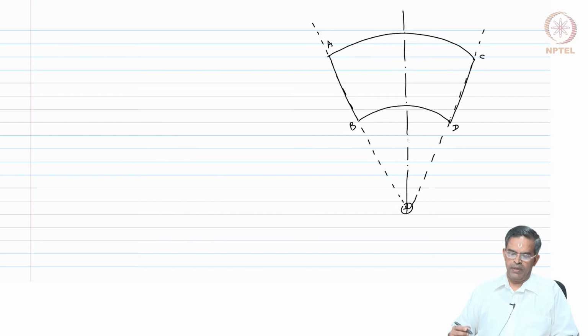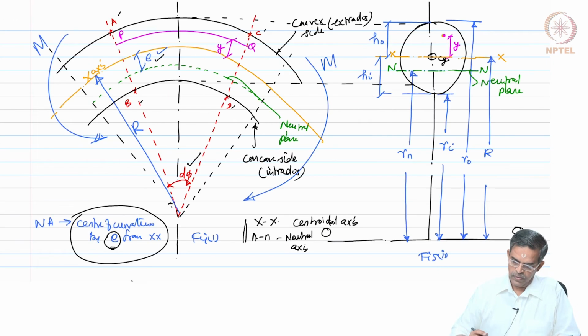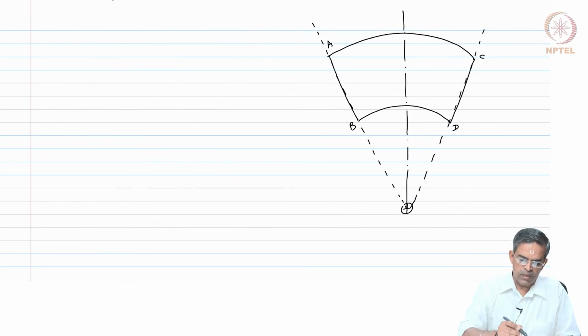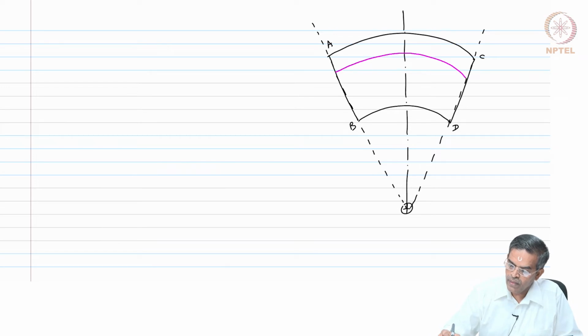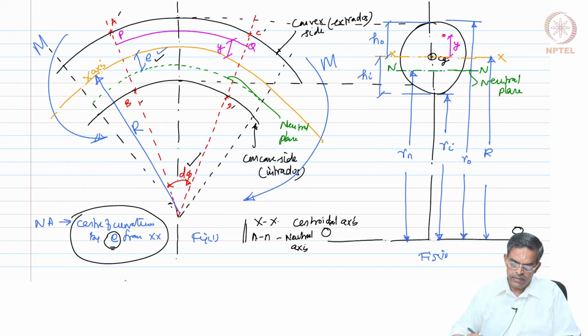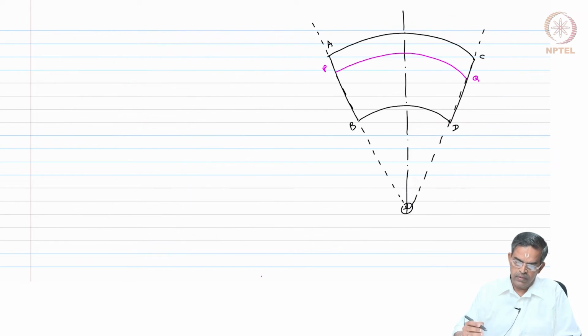Let me also mark PQ. So, PQ was in cyan color, let us mark PQ. This is PQ. Now, let us mark the centroidal axis, which is in orange color.